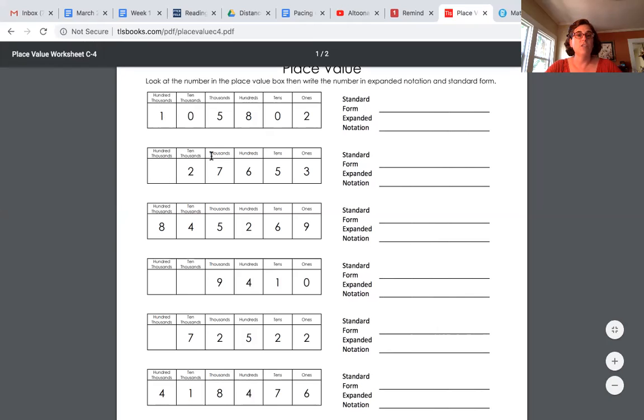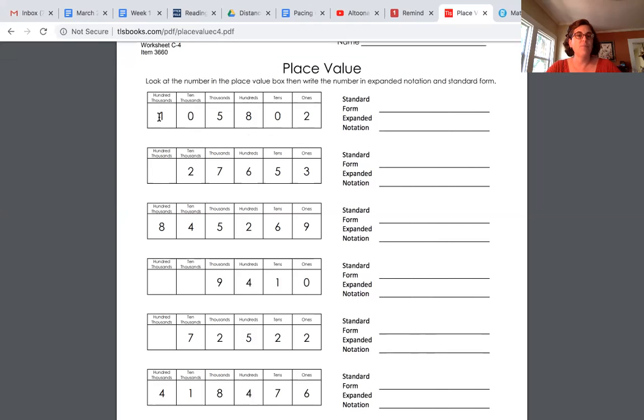Now if I were comparing these two top numbers, 105,802, and the next number, 27,653, I could start in the 100,000s place, and I would know that 105,802 is greater than 27,653 because there is a 1 in the hundred thousands place for the top number, and there is nothing in the hundred thousands place for the bottom number, which means the top number is greater.